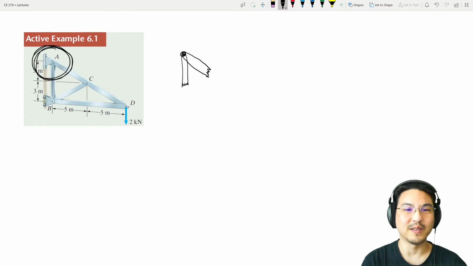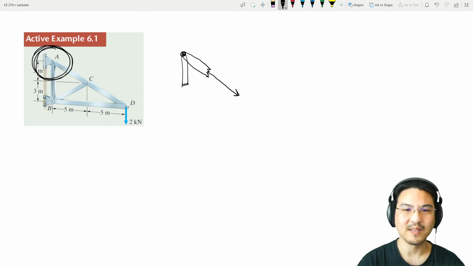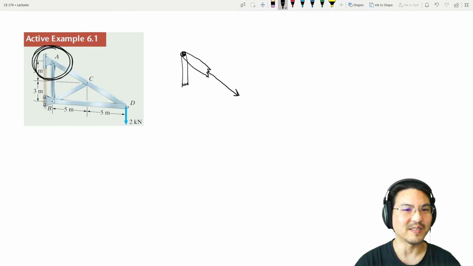Then there is an axial force either this way or this way, so it's up to you to decide which way to draw it. The convention, I'll tell you now, is that tension is positive.